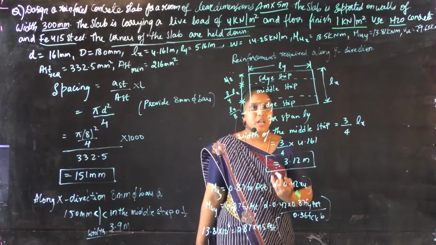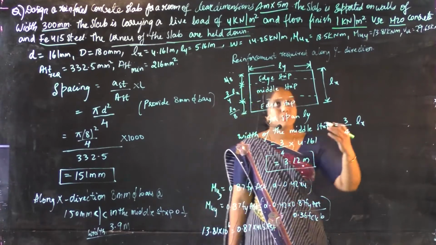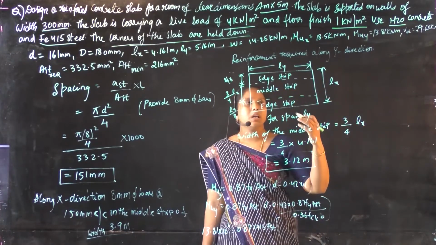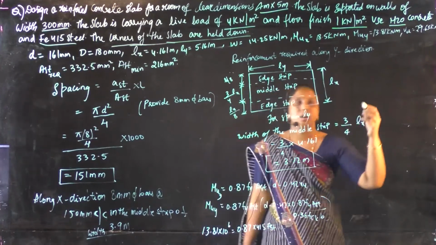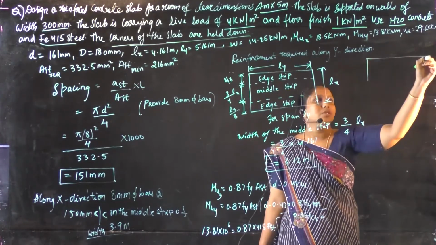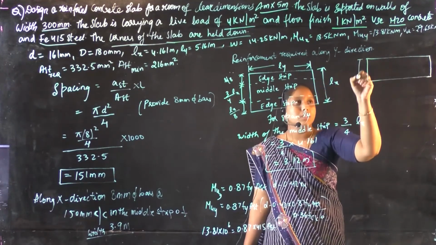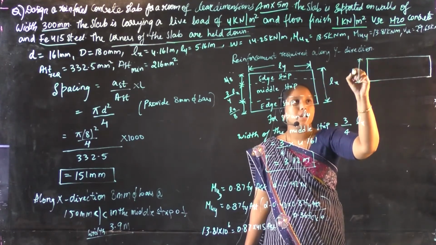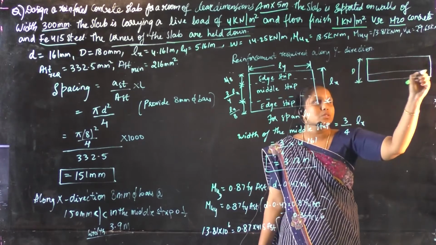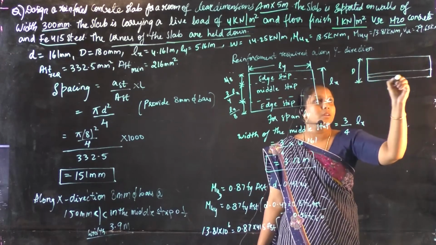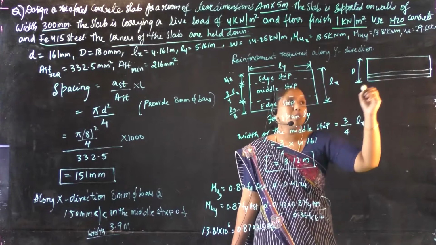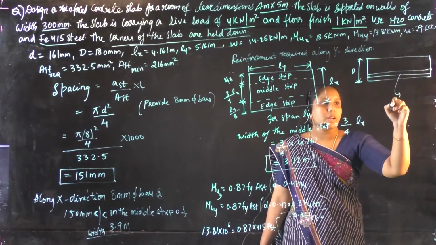Here what we have to calculate is the D, because we are calculating the reinforcement along the y direction. How will we calculate it? If this is the thickness of the slab, this will be our capital D. This is going to be our reinforcement which is provided in the x direction.